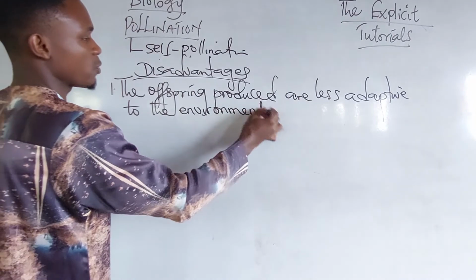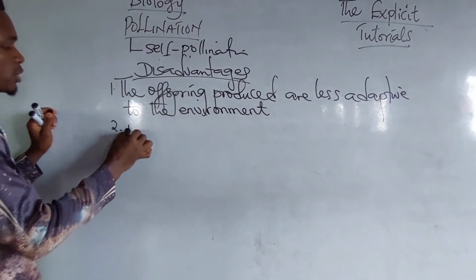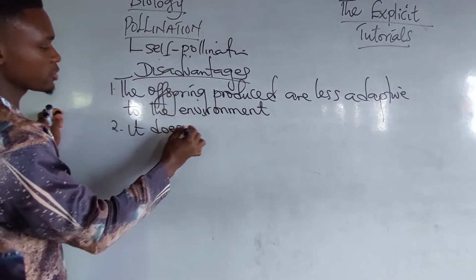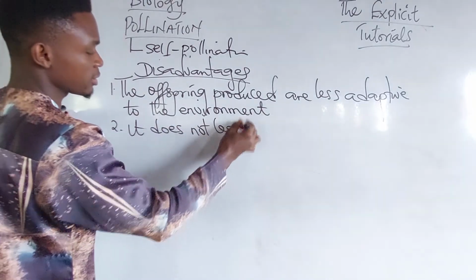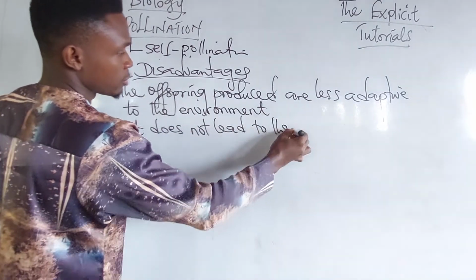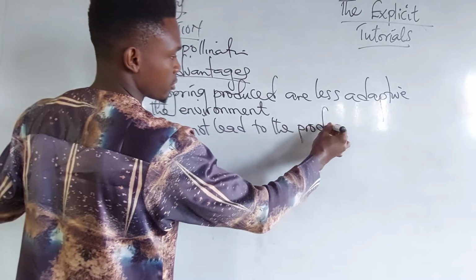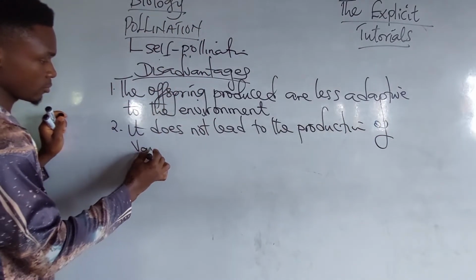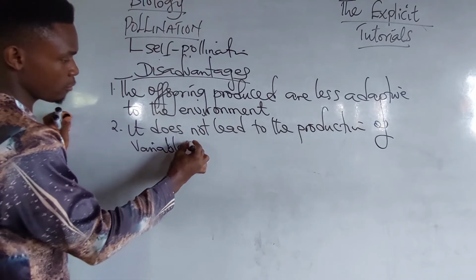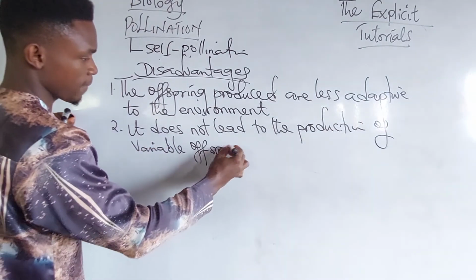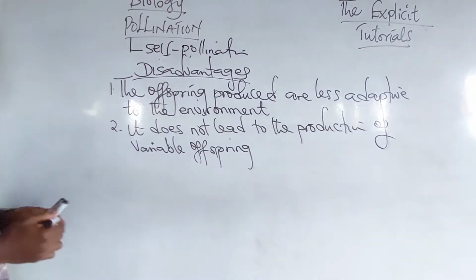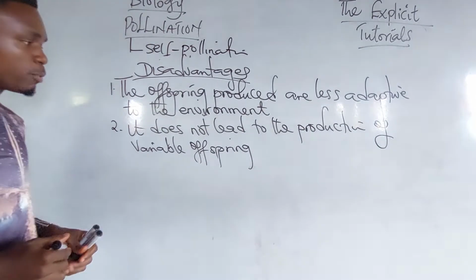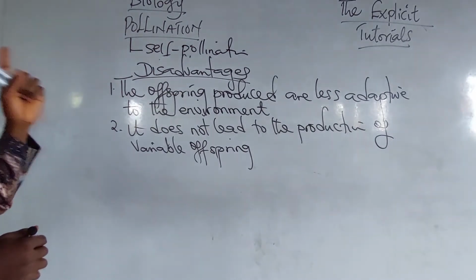That is number one. Then number two, it does not lead to the production of variable offspring, since it's just one parent.